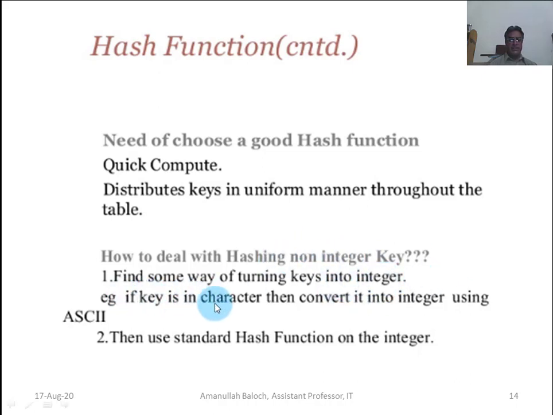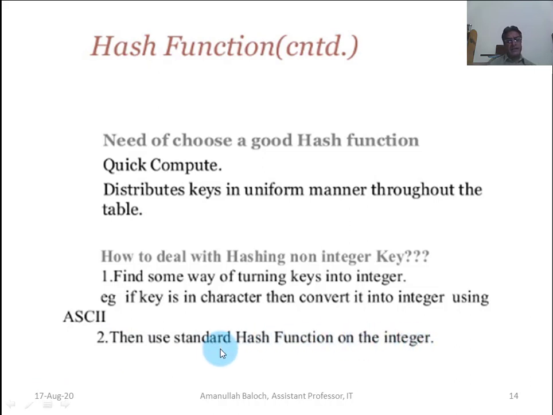If the key is a character, then convert it into an integer using its ASCII code. Each character has an ASCII code, and we replace that character with its ASCII code, and we get a big integer value instead of that character's string. Then use a standard hash function on the integer.